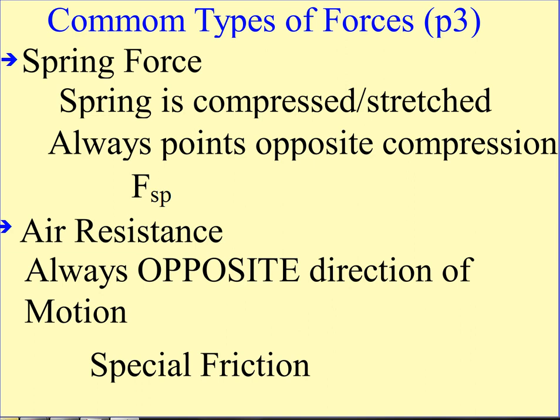So let's say we have someone who is in free fall here, and his force due to gravity is pointing straight down. If he's experiencing air resistance, the air resistance will point straight up. And we're going to call this FR.